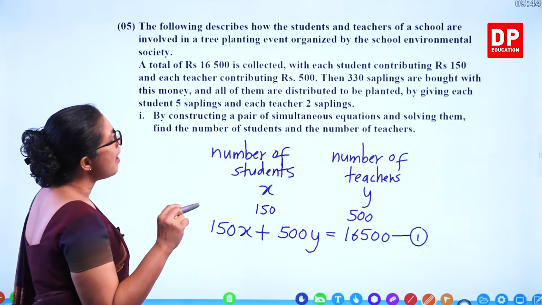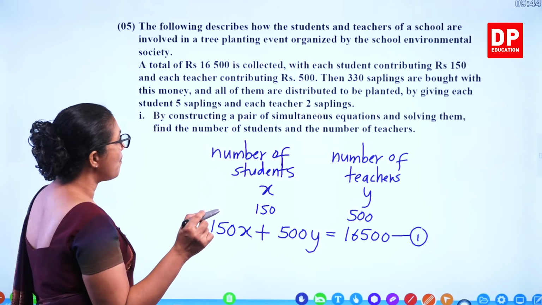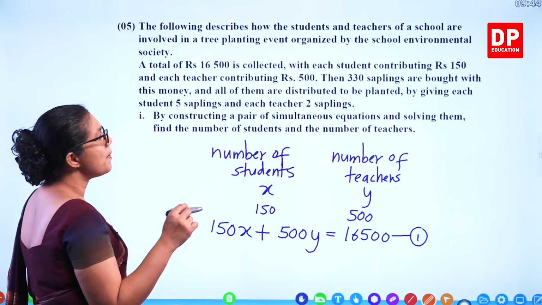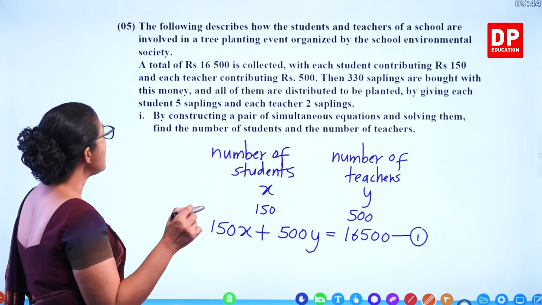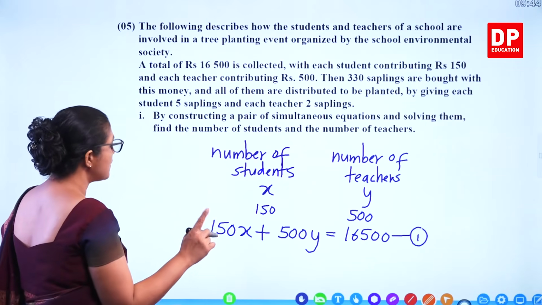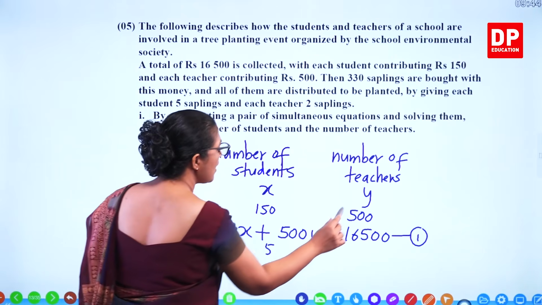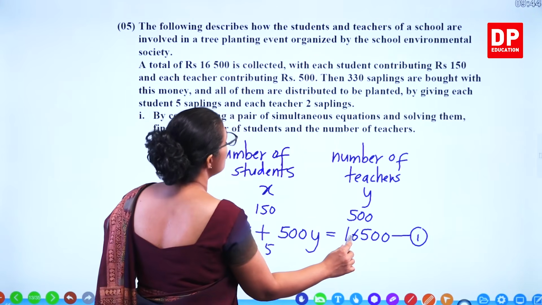Then it says 330 saplings are bought with this money and all of them are distributed to be planted by giving each student 5 saplings and each teacher 2 saplings.